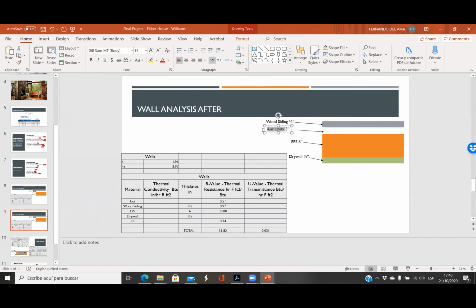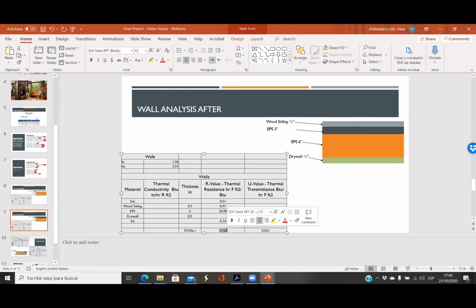Okay, so that would be thermal insulation, let's say EPS. Okay, and because the first value is 31, so it's good, but then this one should be above 50.